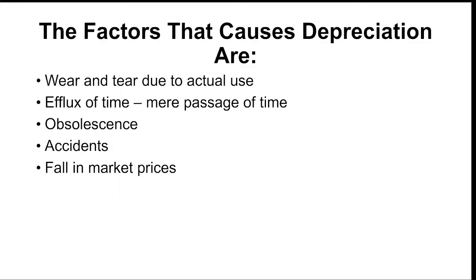Then obsolescence: this is when something becomes outdated, or a new invention or a permanent change in demand may render the asset useless. We also have accidents, or falling market prices. So these are the factors which will obviously cause depreciation to happen. I'll give you a few minutes.